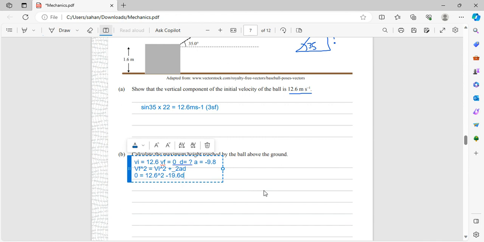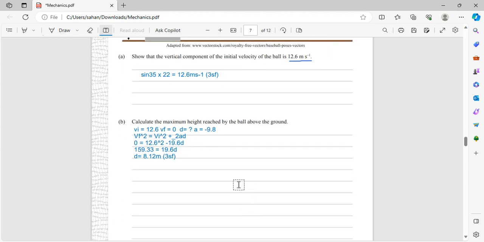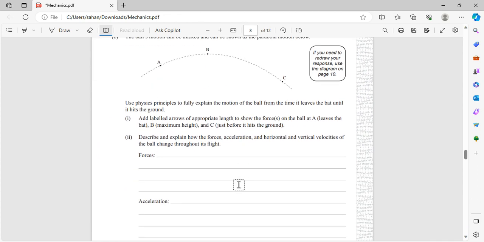So we have 159.23 is equal to 19.6 D. So D is equal to 8.12 meters, and that is to 3 significant figures. Dang, that was quick. Okay.